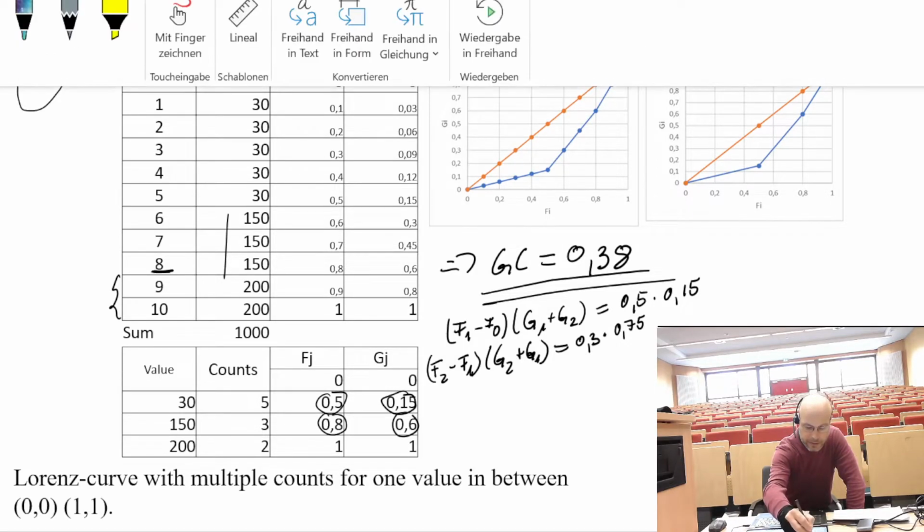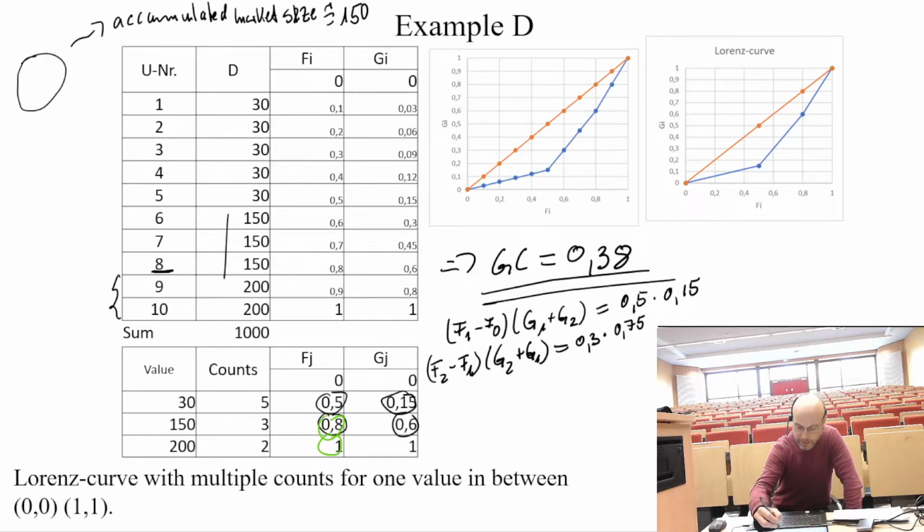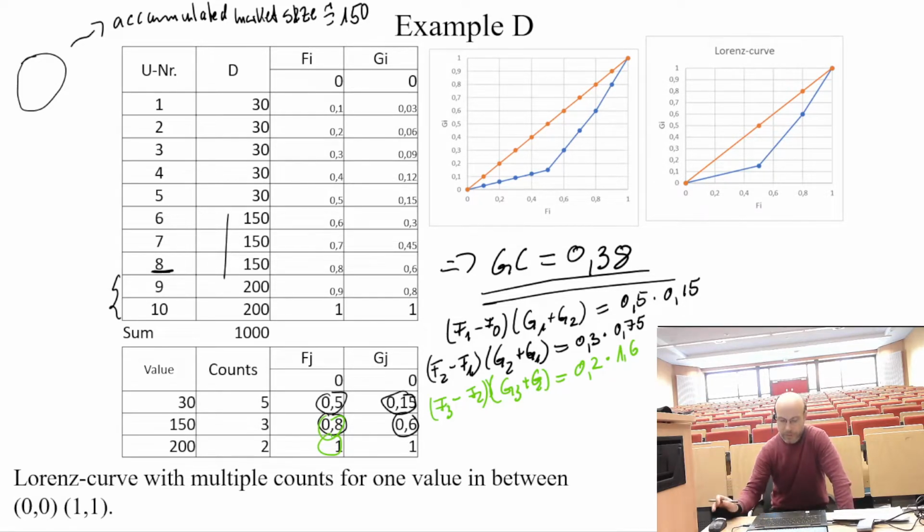And let's take another color. 1 minus G3 plus G2 is 1 minus 0.8, which is 0.2, times 1 plus 0.6, which is 1.6.